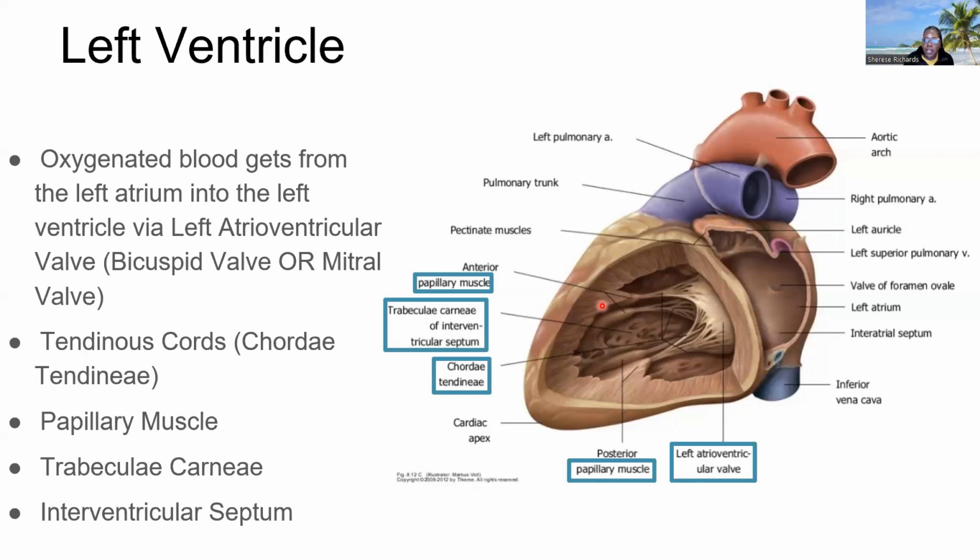And so the muscular wall of the left ventricle ends up becoming much thicker, as that chamber has to work much harder to overcome the peripheral resistance out in the systemic circulation. So that's one way to distinguish the right ventricle from the left, is the much thicker wall that's found on the left.